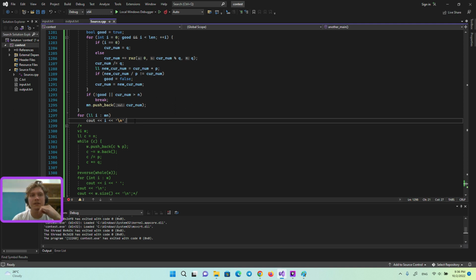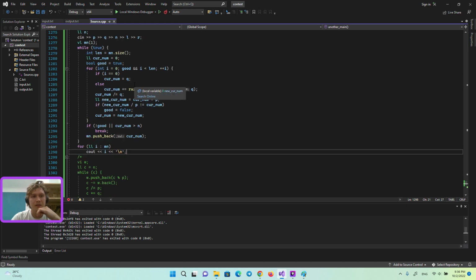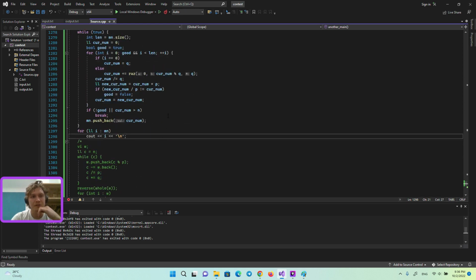Now I have to find this border via binary search.